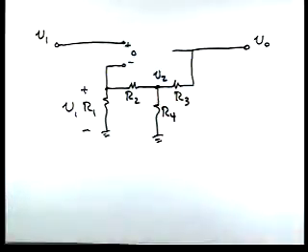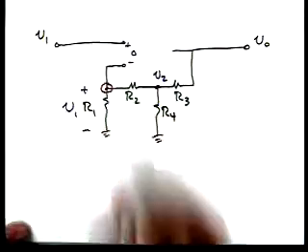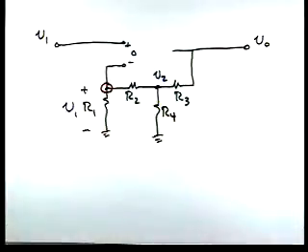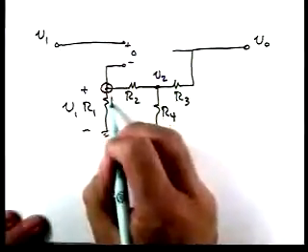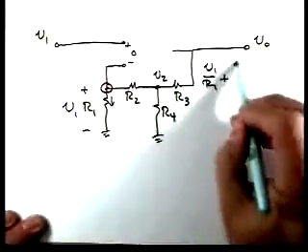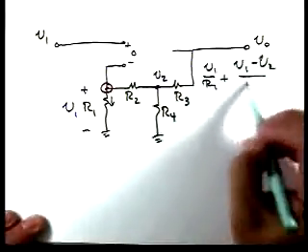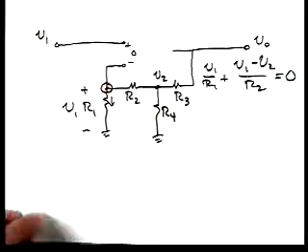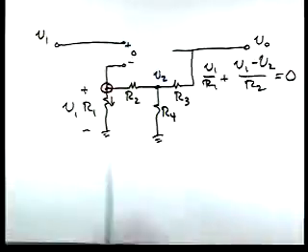So let's start and apply Kirchhoff's current law at that node, and if we do, we'll have, since we're doing nodal analysis, V1 over R1 plus V1 minus V2 over R2 equal to 0. So those two currents leaving.